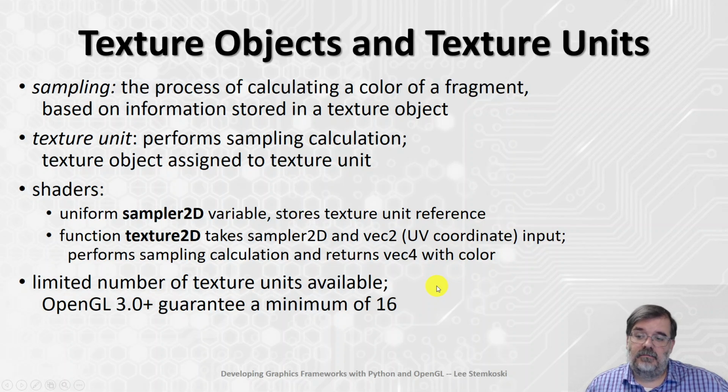Now, technically, there's going to be a limited number of texture units that you can use at any one time. We're using a version past OpenGL 3.0, and according to the specification, we're guaranteed a minimum of 16 texture units. So we could use at least 16 units within any given shader. You could use more.